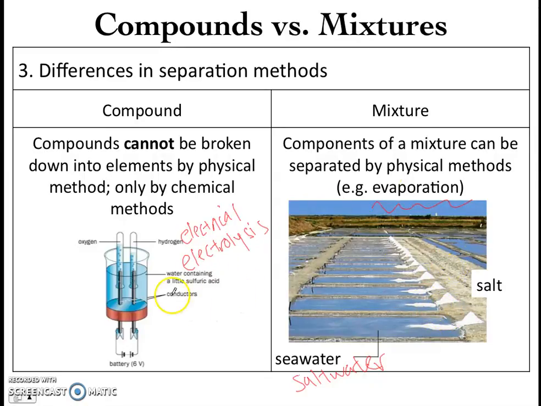I can't use evaporation to separate hydrogen and oxygen from each other in water. If I heated up water with evaporation, you just get all the water evaporating. I don't separate my hydrogen from the oxygen.